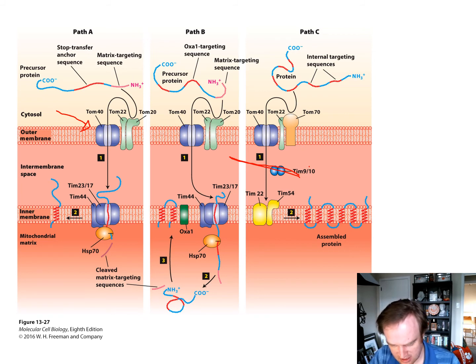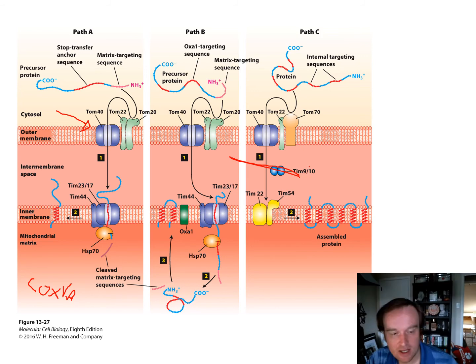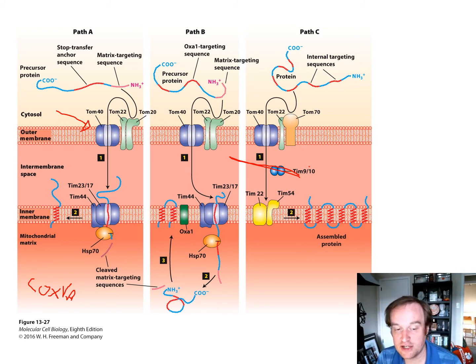Let's see, I don't see it labeled on here, so it's COXVA. And this is a matrix targeting sequence and hydrophobic stop transfer anchor sequence. We talked about those anchor sequences where they kind of get stuck in the membrane, and that's what COXVA is.